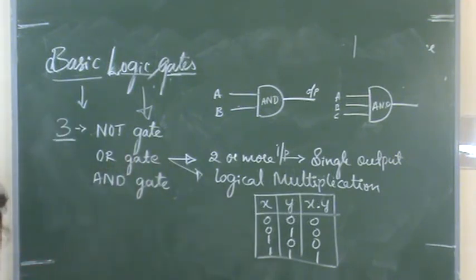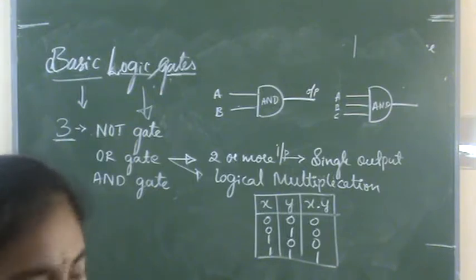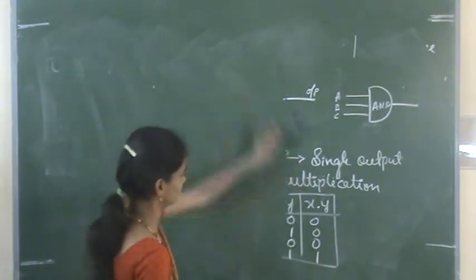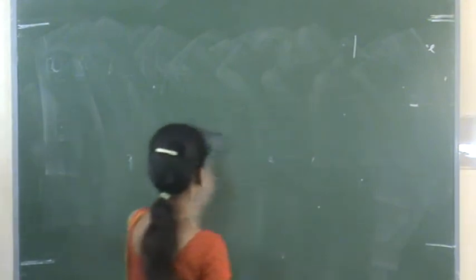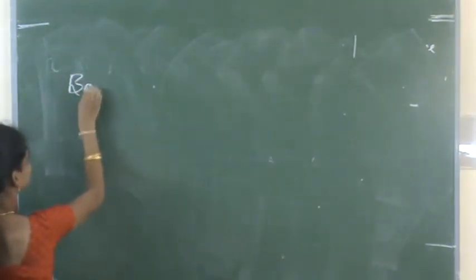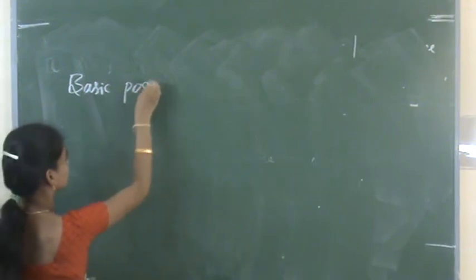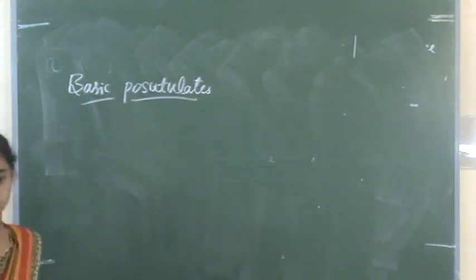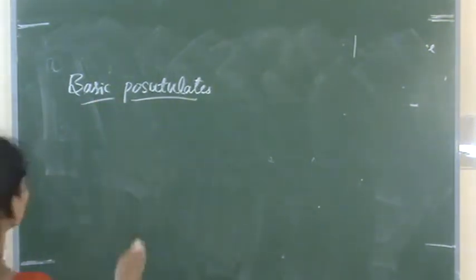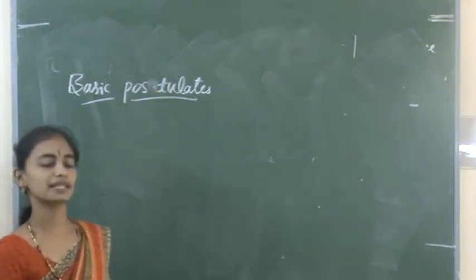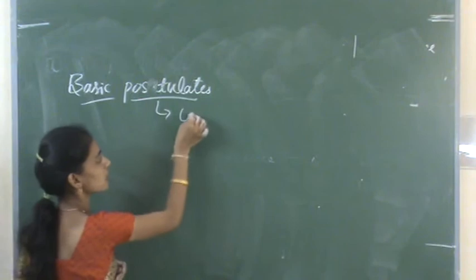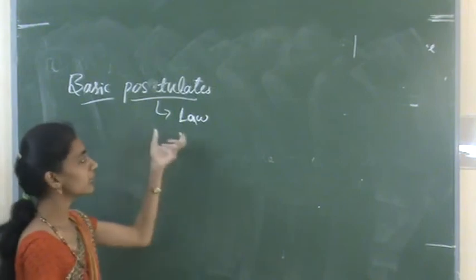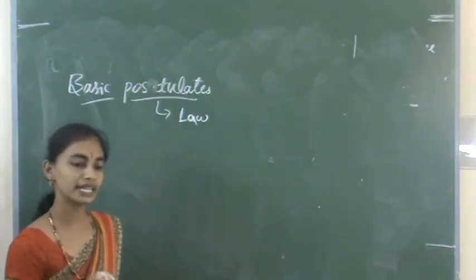After this, we have the basic postulates. Postulates mean laws or rules, the fundamental rules of Boolean algebra.